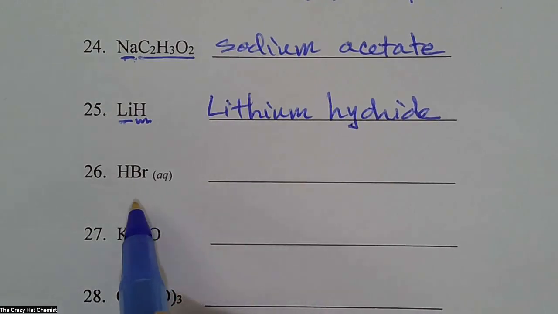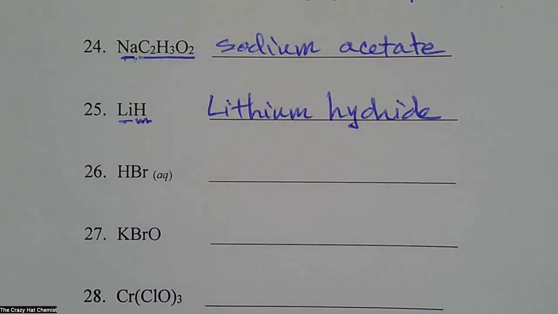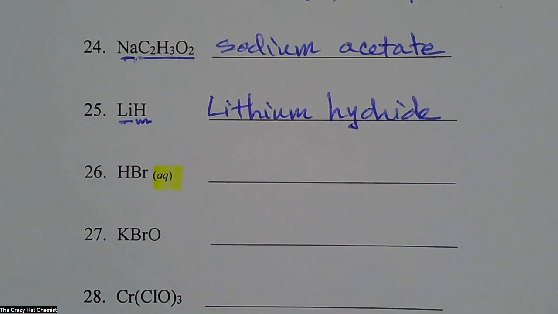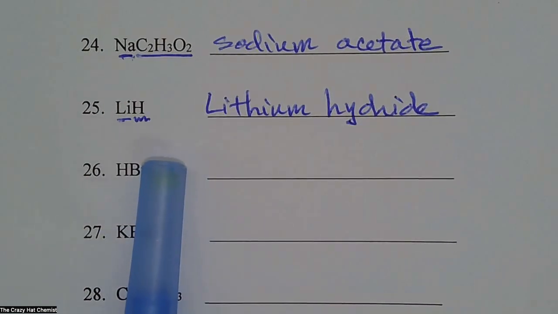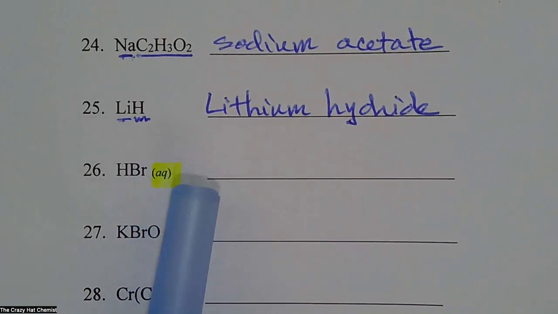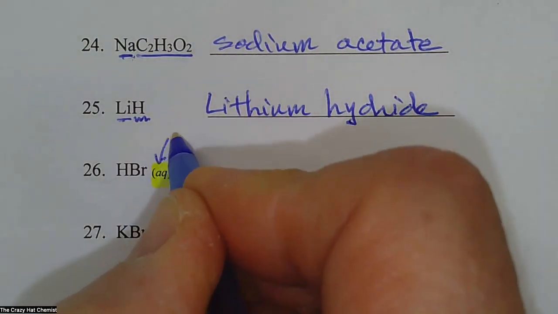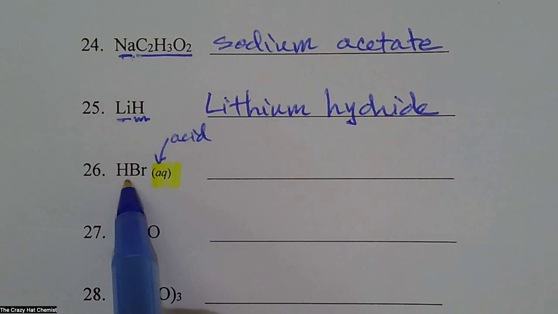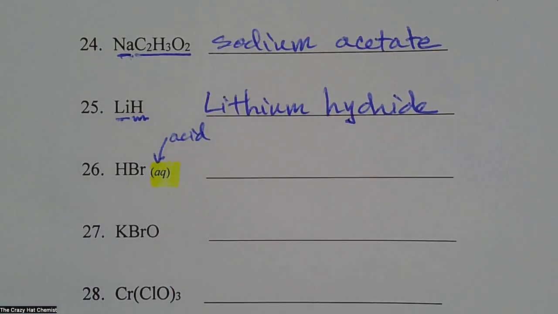Okay, this next one is HBr. Now, this one actually needs and requires this AQ. If it did not have the AQ, then this would be hydrogen bromide. But with the AQ, that means that this is an acid. And this is a binary nonmetal acid. Binary, 2 elements. Okay, nonmetal, that's a nonmetal. So it goes by a certain naming.